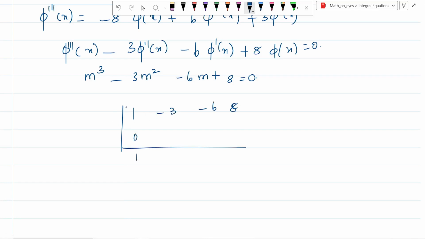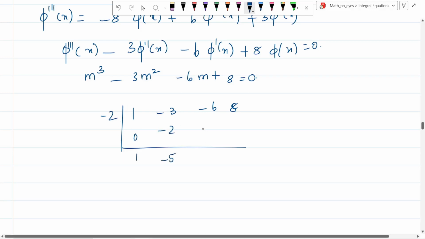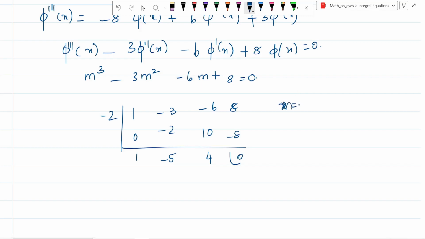So 0, 1, I'll take minus 2, minus 2 into 1 is minus 2, this is addition, minus 5, 5 twos are 10, so I'll have 10, this is 4 here, minus 8, this one 0. So m is equal to minus 2 as a solution, and m squared minus 5m plus 4 is equal to 0.